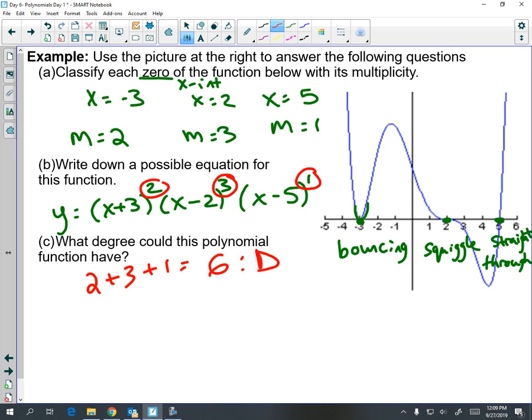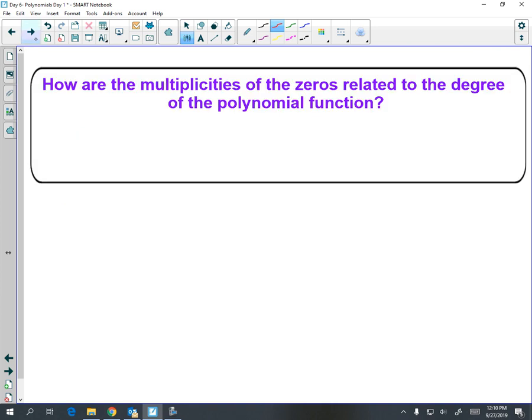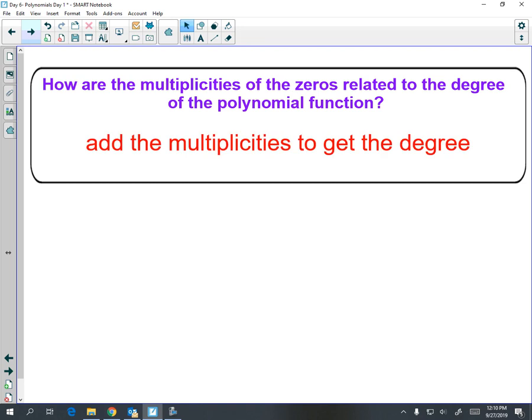The other way you can get it is by adding your multiplicities, which would be the same exact thing. 2 plus 3 plus 1, you have a degree of 6. So, how are multiplicity of the zeros related to the degree of the polynomial function? Well, you add the multiplicities to get the degree. That's all for this video.